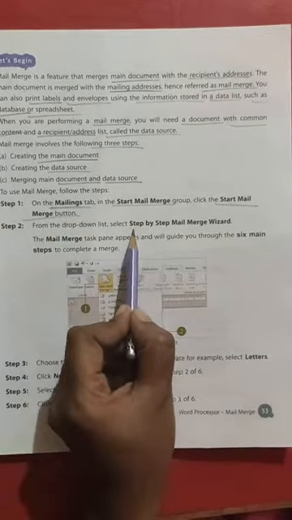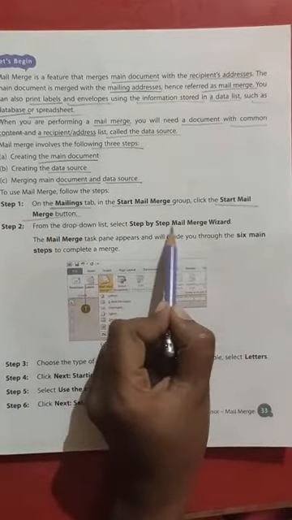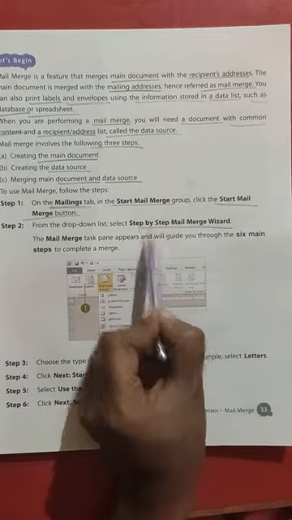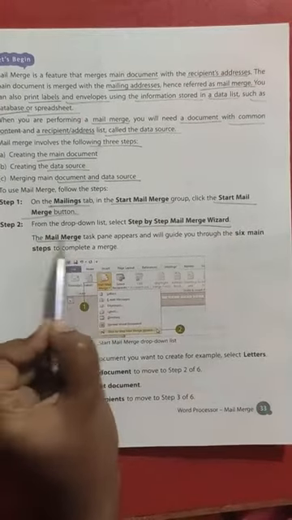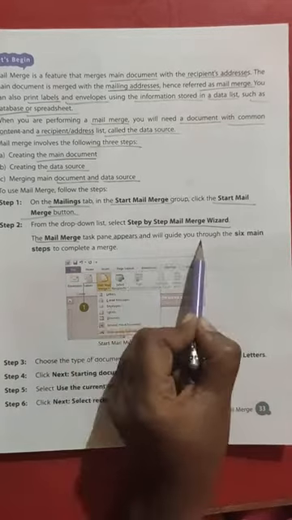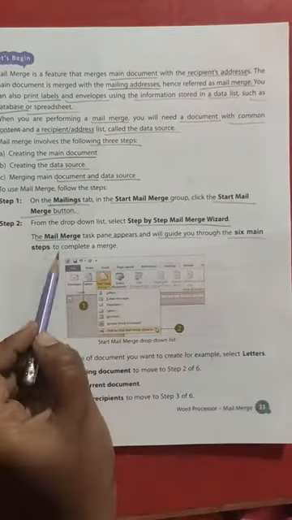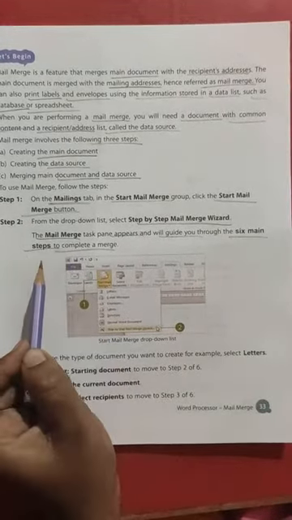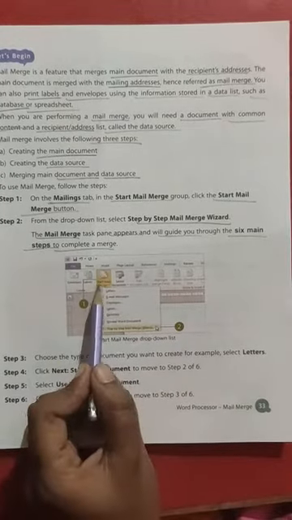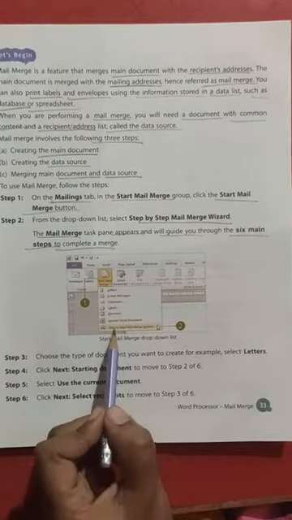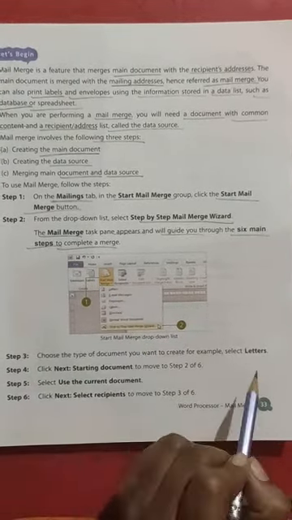Step 2. From the drop down list, select Step-by-Step Mail Merge Wizard. The Mail Merge task pane appears and will guide you through the 6 main steps to complete a merge. This is your Start Mail Merge and this is your Step-by-Step Mail Merge Wizard.